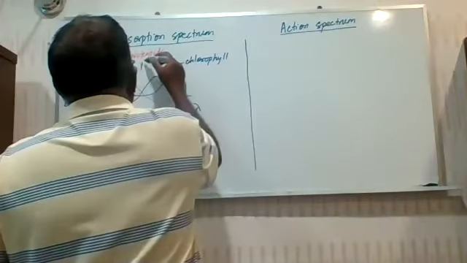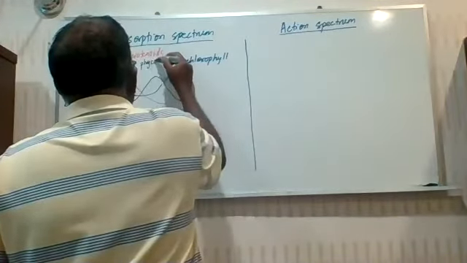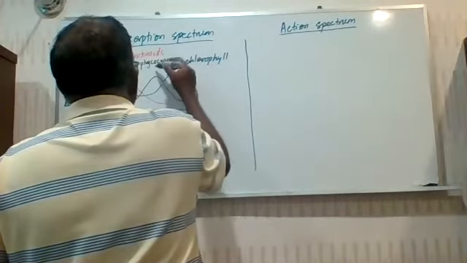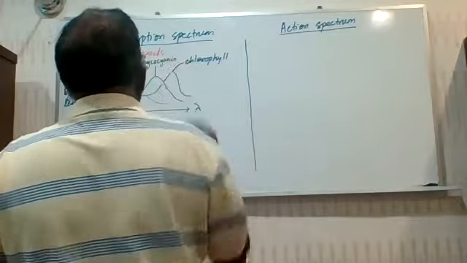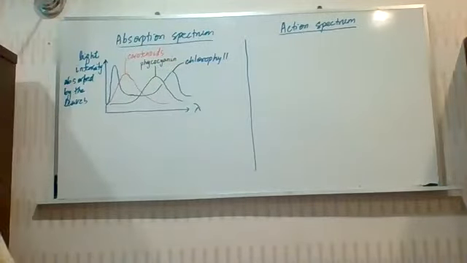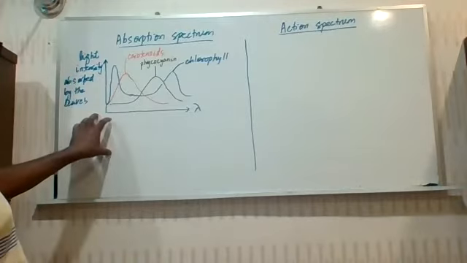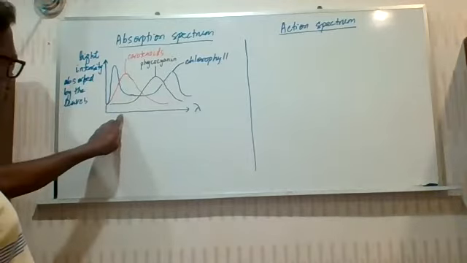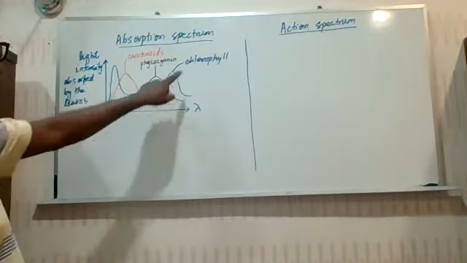This would be phycocyanin. This is your absorption spectrum. That means the intensity of light absorbed by leaves in this range is done by chlorophyll.